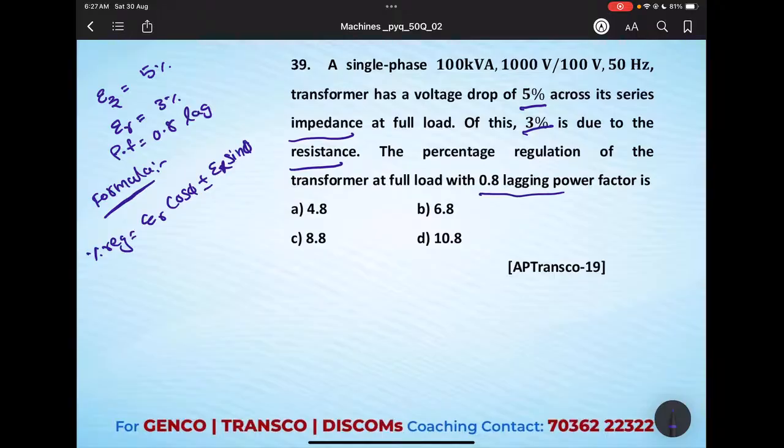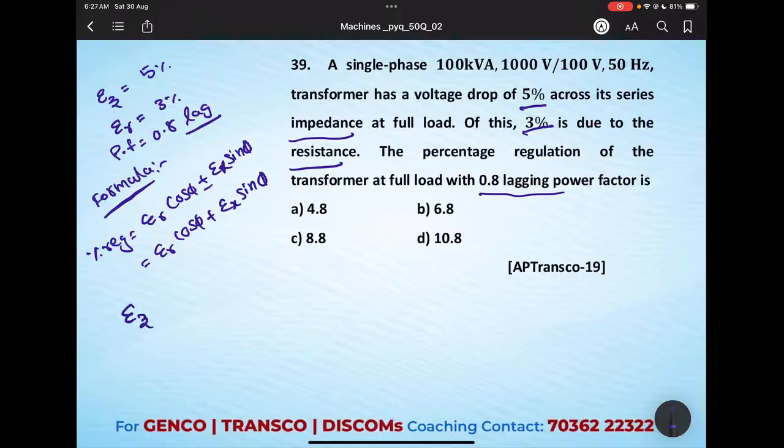So we can write the voltage regulation like this. Since they have given a lagging power factor, we write it as ER cos phi plus EX sin phi. Power factor we know and ER we know, but we don't know EX. We need to calculate EX from the given data.